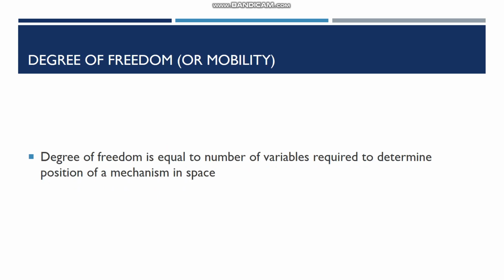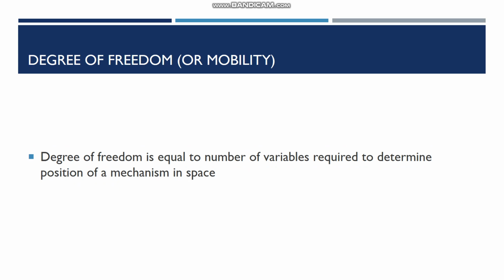Now another concept which we will have to study a great deal is degree of freedom, or mobility. Degree of freedom is equal to the number of independent variables that are required to determine the position of a mechanism in space. For example, let us take a point object in a 3D plane.